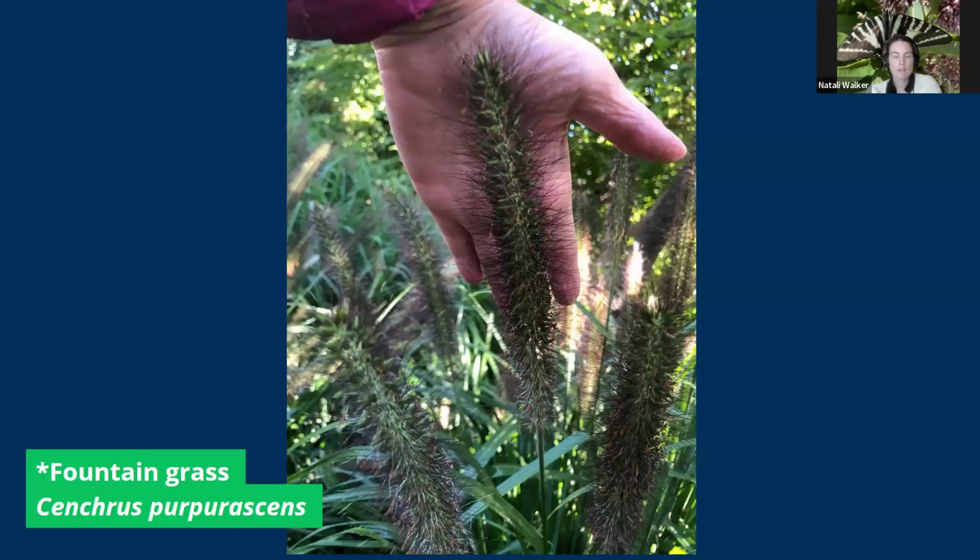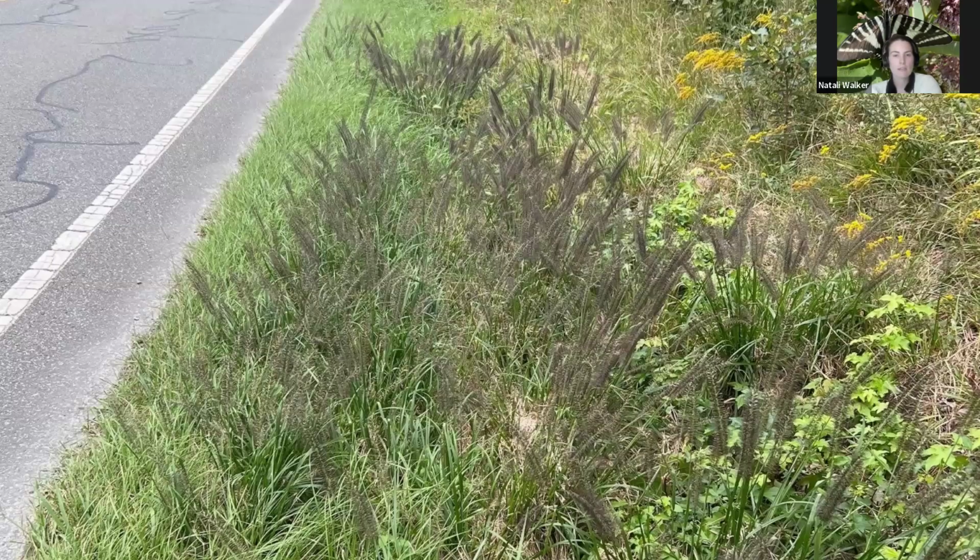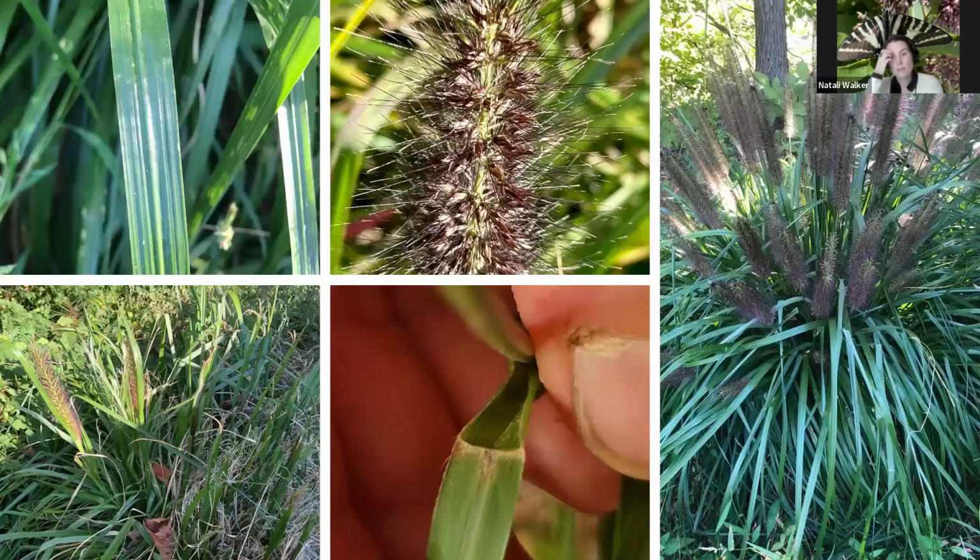Fountain grass is now spreading on roadsides, and it's definitely a problem for farmers with pastures as livestock don't eat it, and it will displace native pastures. So in the top left photo, this is a picture of a fountain grass leaf. It's pretty nondescript.